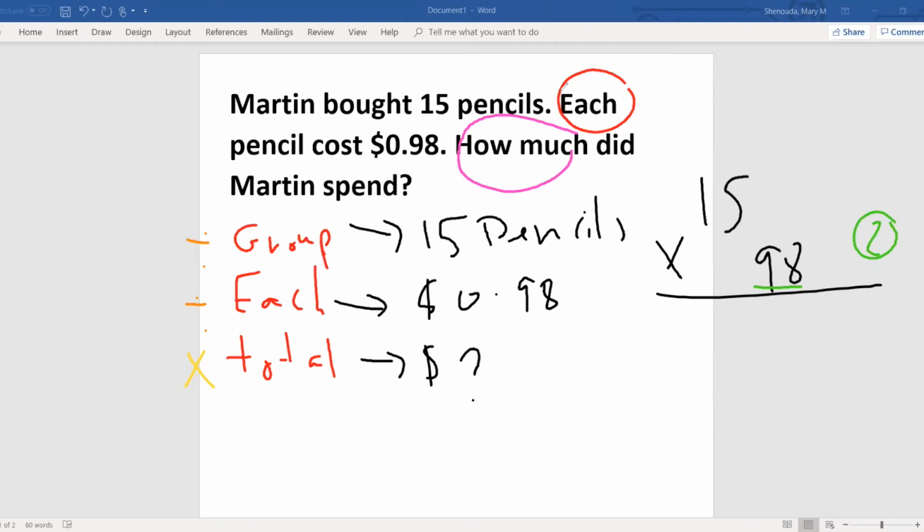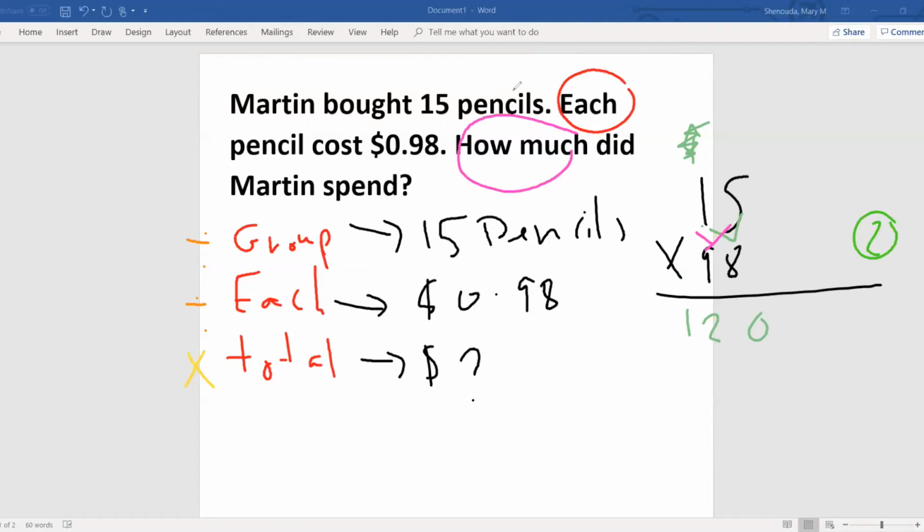I'm gonna start from right to left, and I will multiply the 8 first by everything at the top. 8 times 5 is 40, 0, and I carry the 4. 8 times 1 is 8, plus 4, that's 12. Now I can erase the 4 to not get confused later on. I'll do the same thing with the 9.